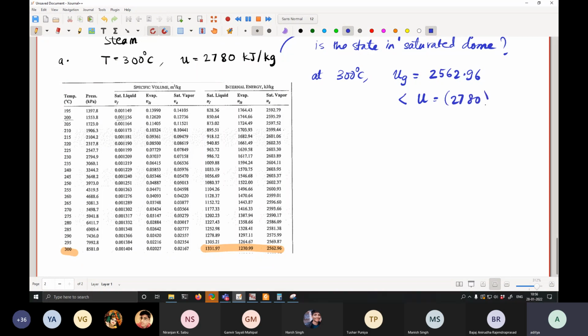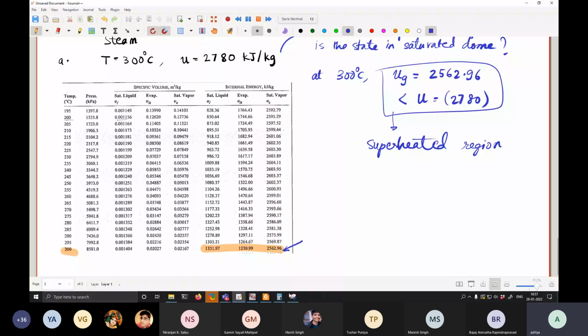It means that the state is at a higher energy than the saturated vapor. What does it imply, everyone? It is in the superheated region. So this automatically implies that the state is in the superheated region.